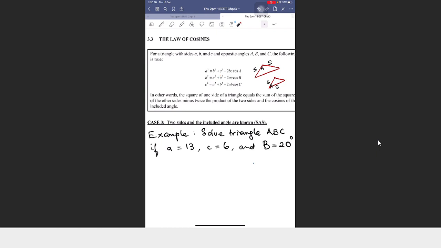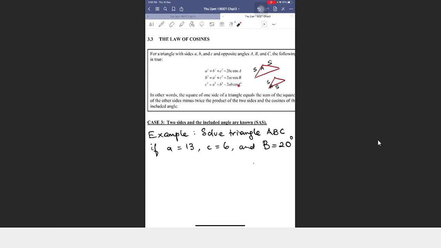If the two sides are B and C, you will be given angle A. If the two sides given are A and C, you will be given angle B. If the two sides A, B are given, you will be given angle C.